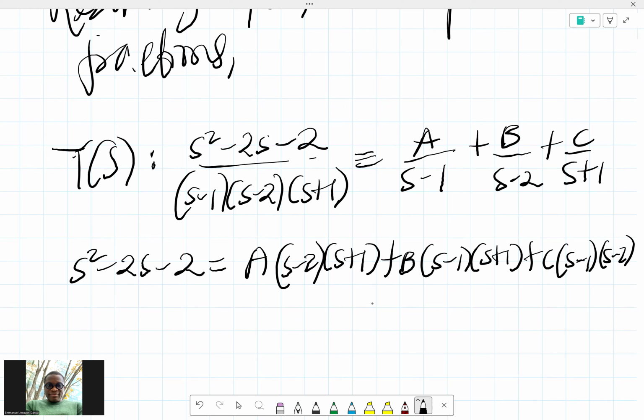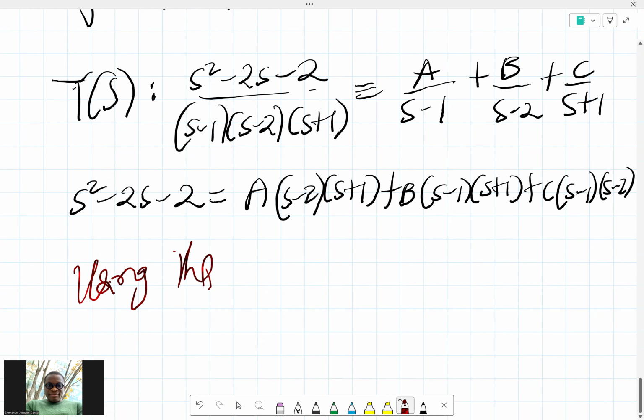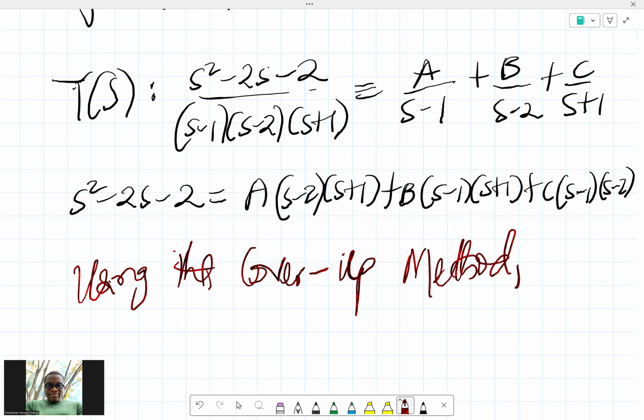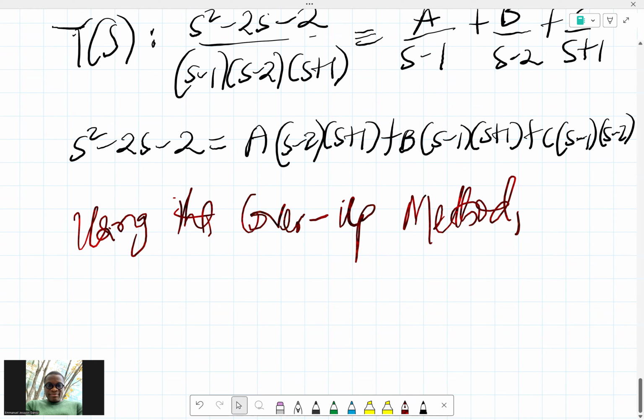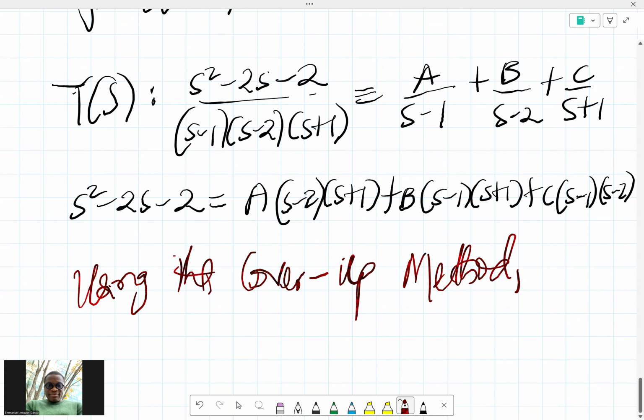So using the cover-up method now, like we always do, it's basically putting in values to eliminate some terms. If you equate this whole expression to 0, any values you get there, if you put that value in, you are going to be able to eliminate something. So we can substitute 1, we can substitute 2 and minus 1.